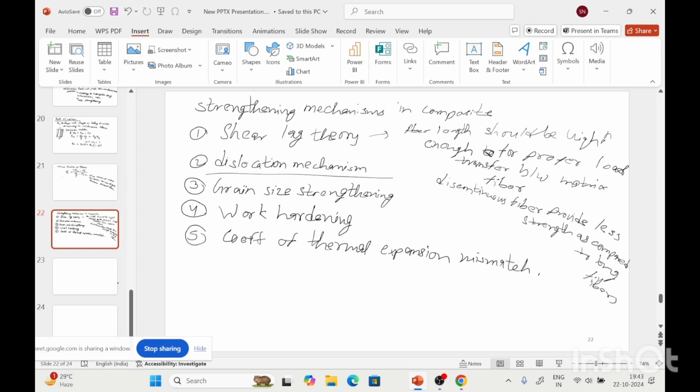While in the dislocation mechanism, Orowan looping happens. This can be due to particle or fiber also. If these are the two fiber cross sections, or if we consider the reinforcement particle, the dislocation bows around these particles, and due to this increase in bow, that leads to Orowan looping when the dislocation leaves the reinforcement.